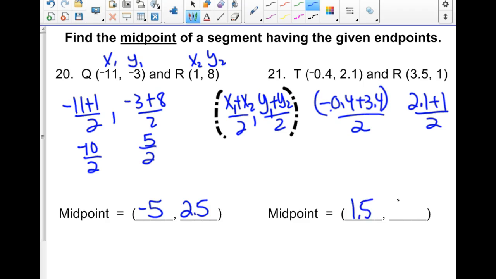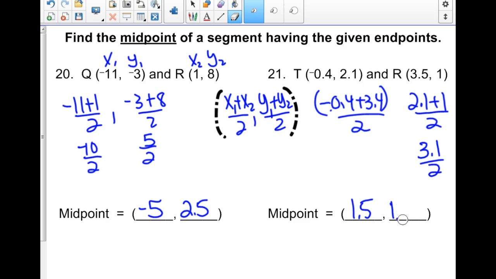And that's 1.1. Oh, no, it's not. Oopsie. I added wrong. So 2.1 plus 1 would be 3.1, divided by 2. So that's 1.55.